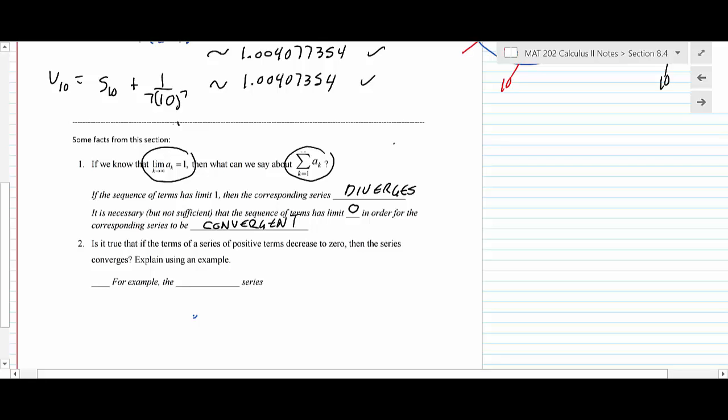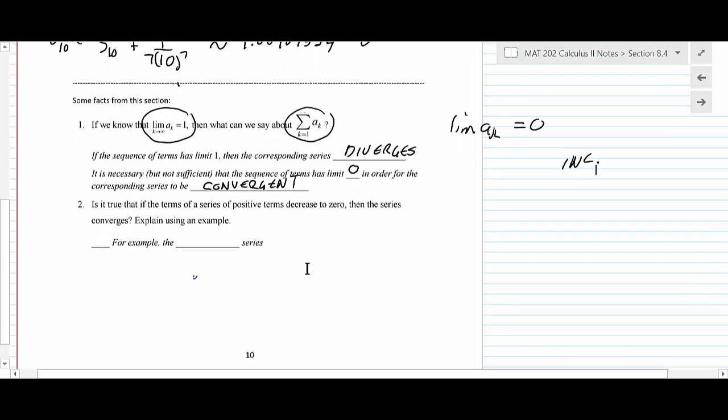If the limit of the sequence goes to 0, we said it's inconclusive. So on the divergence test, if the limit of the sequence is not equal to 0, what do you conclude? It diverges. Otherwise, if you get 0, then it's inconclusive, so you have to look at different tests to establish whether it converges or not.